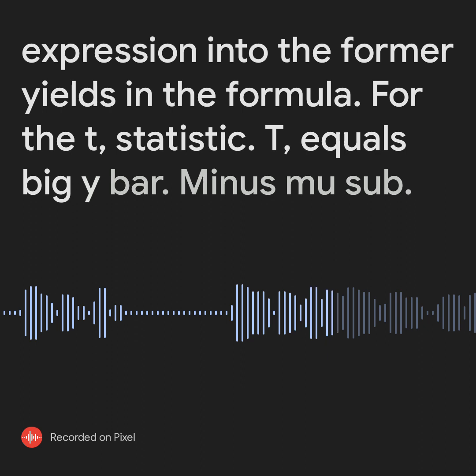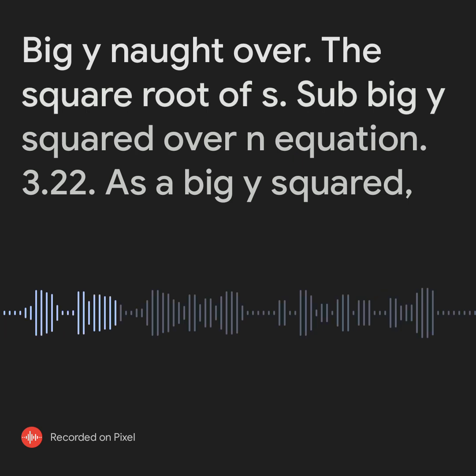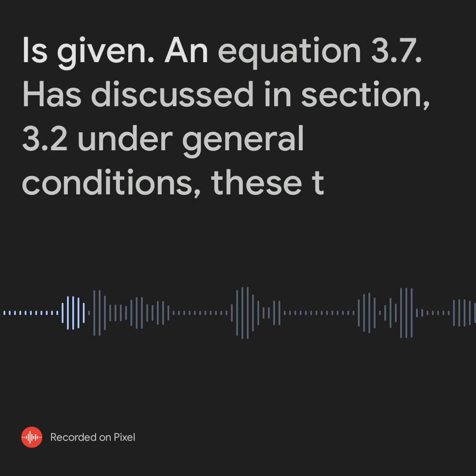T equals big Y bar minus mu sub big Y naught over the square root of S sub big Y squared over n, equation 3.22, where S sub big Y squared is given in equation 3.7.